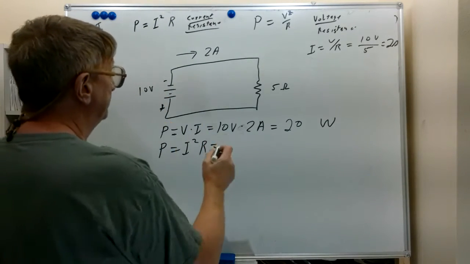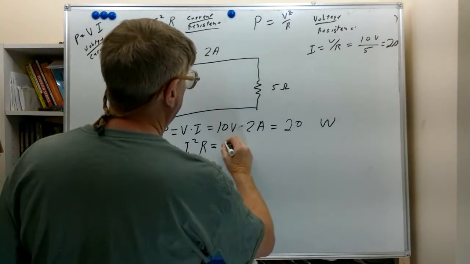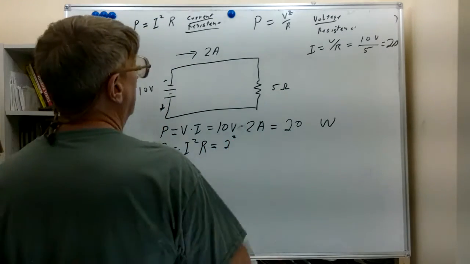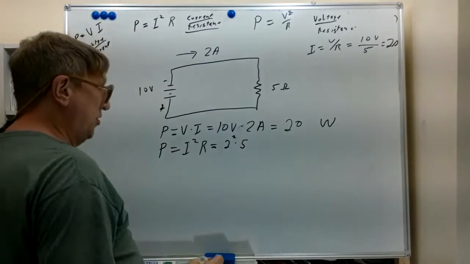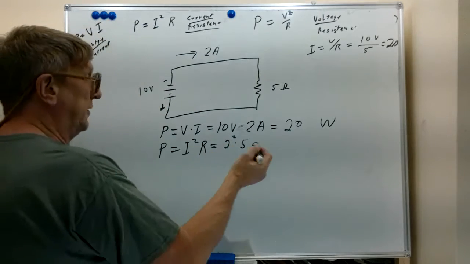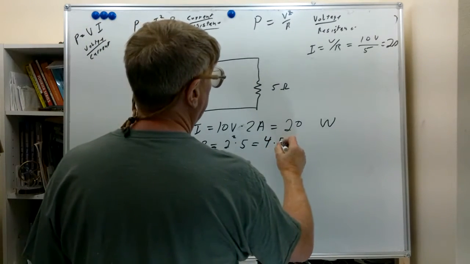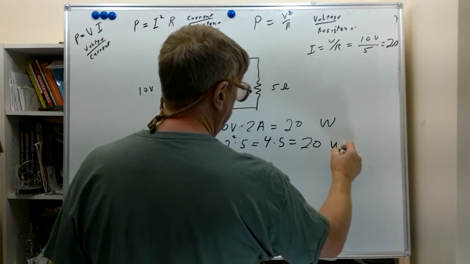So I is 2, so we're going to go 2, and we're going to put the little exponent up there to indicate we're squaring that. R is 5. We're going to put a dot to indicate multiply here. So 2 squared, 2 times 2 is 4, times the 5 ohms, and we end up still with 20 watts.